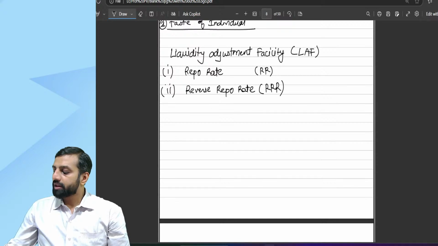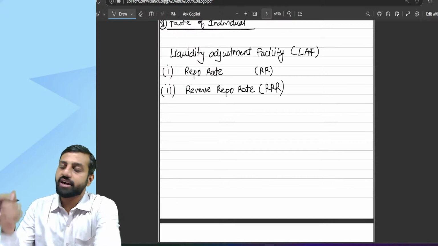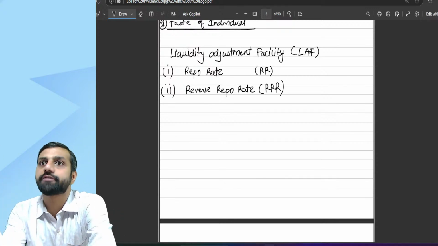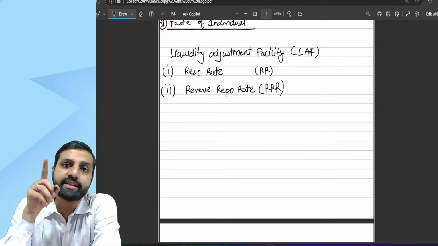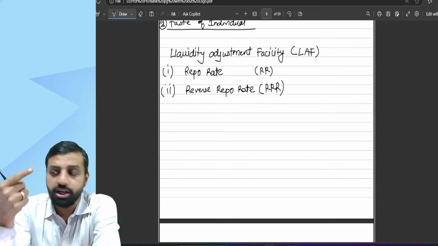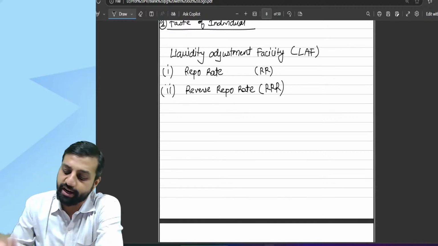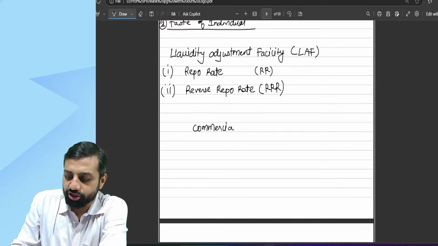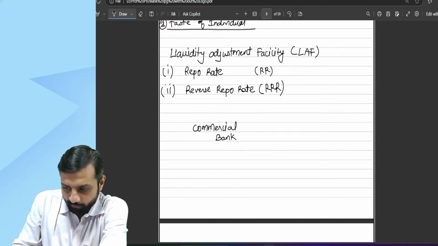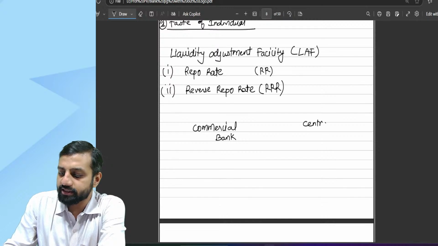So Surya, repo rate is the rate at which commercial banks borrow money from the RBI by selling securities with a promise to repurchase it on a future date. So there is a commercial bank. Then there is a central bank.